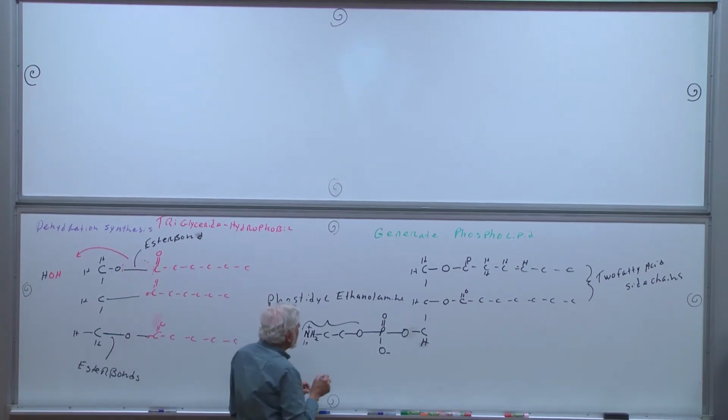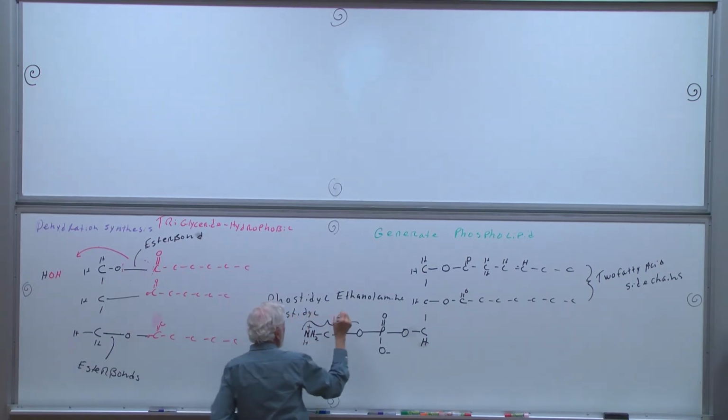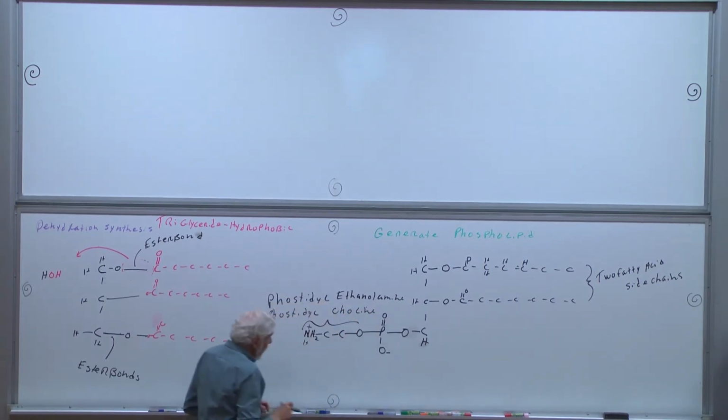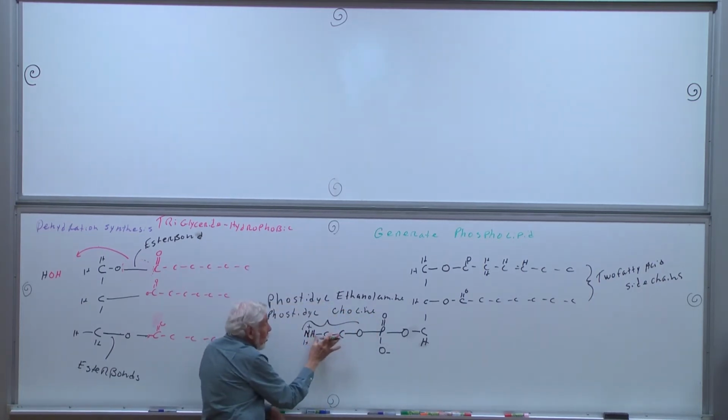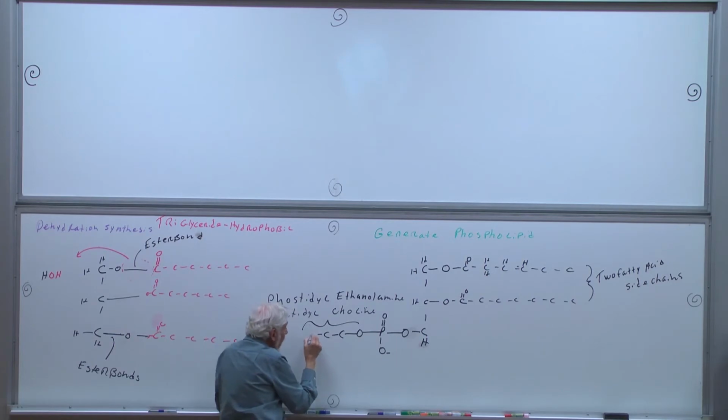There's another related molecule, which is called phosphatidylcholine. Phosphatidylcholine looks a whole lot like this. Phosphatidylcholine, again, has these 2 carbons. And out here, it has a nitrogen.